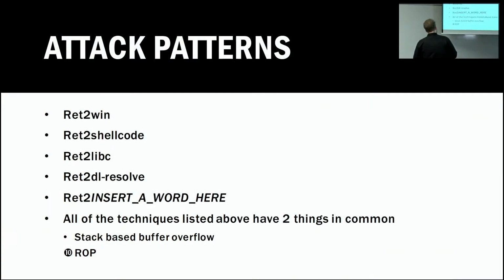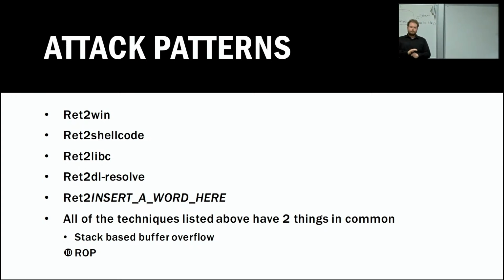Yes. I'll spend as little time as possible on this slide. Basically, these are the attack patterns that usually happen on the stack. They are written in order of increasing difficulty, so the simple one is at the top and the hard ones go to the bottom.